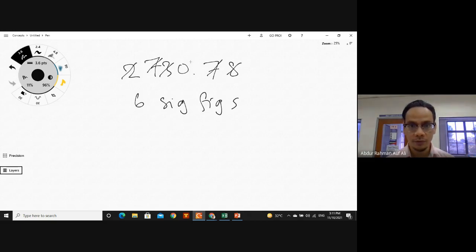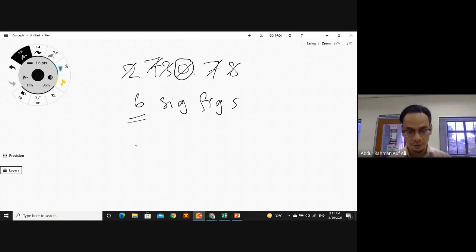And then kita ada 1 value kat sini kosong. So remember rule number 2 kata kalau kosong tu diapit oleh significant figures, dia juga adalah significant. So this is between 3 and 7, which are significant figures. So that means kosong ini pun significant. That's why jawapannya adalah 6.